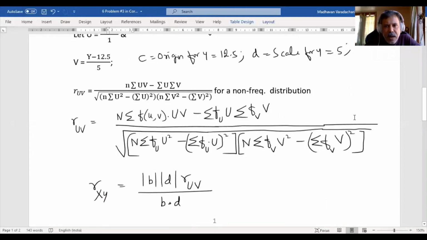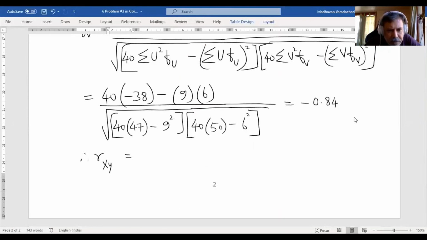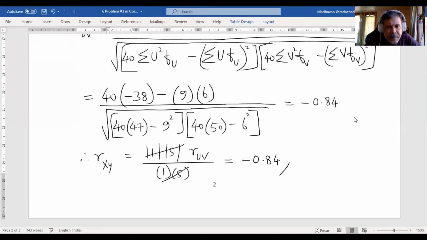So modulus of 1, modulus of 5 multiplied by R UV divided by B into D. So this gets cancelled with this. That means we already have UV, so it remains the same even for XY. So that is the solution for this particular problem.